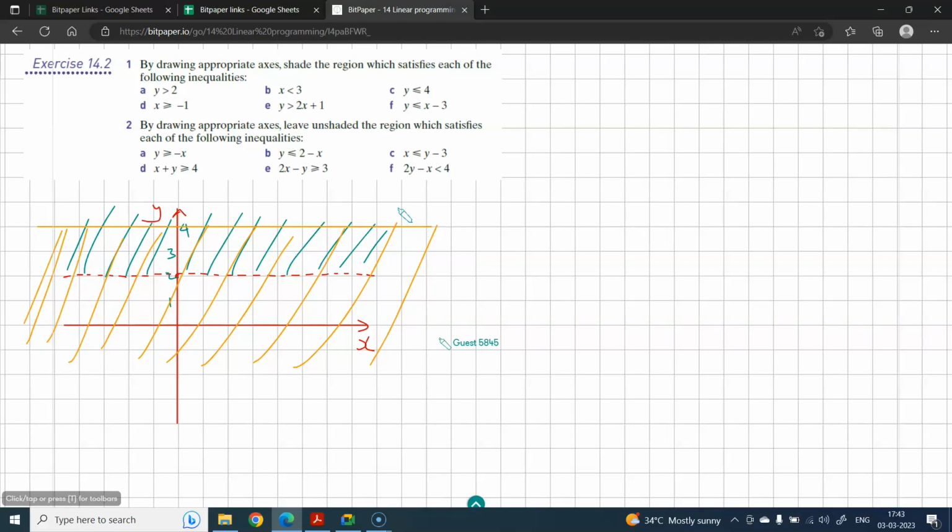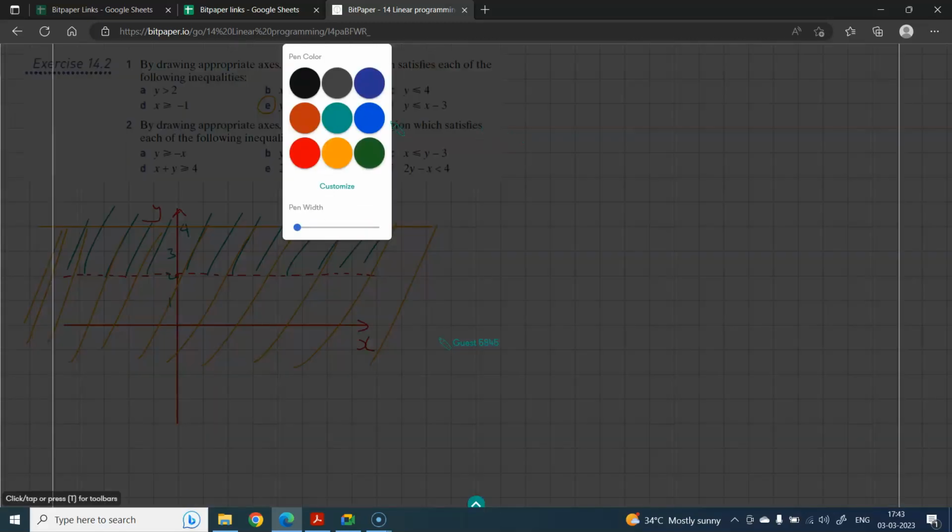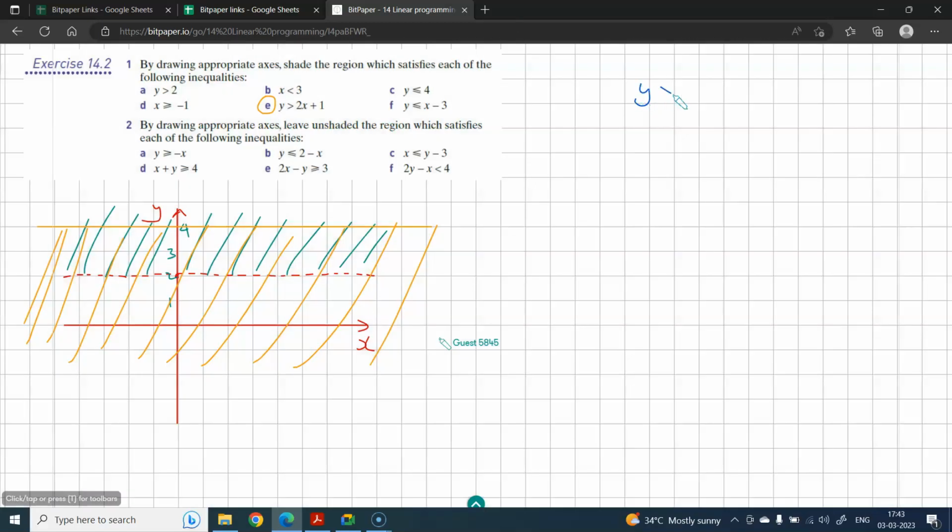Okay, now let's see graphs like y greater than 2x plus 1. How do you draw this graph? Y greater than 2x plus 1. So do you know how to draw the graph of this equation y equal to 2x plus 1?